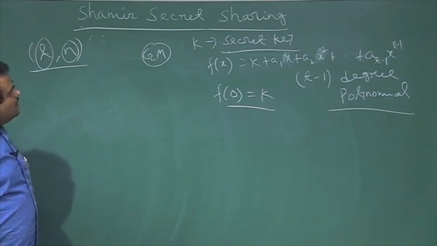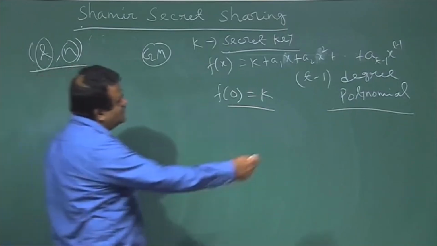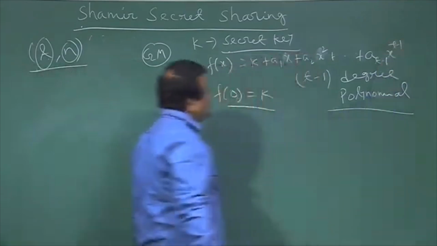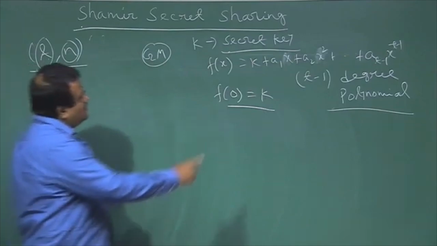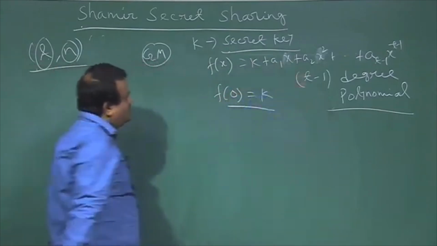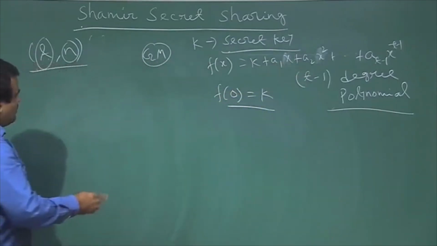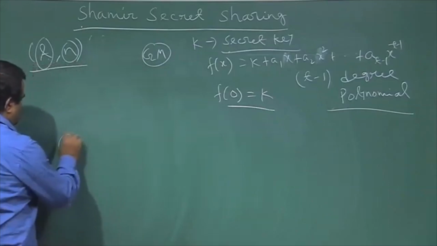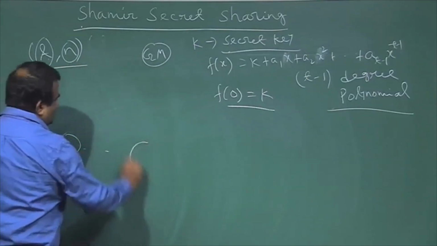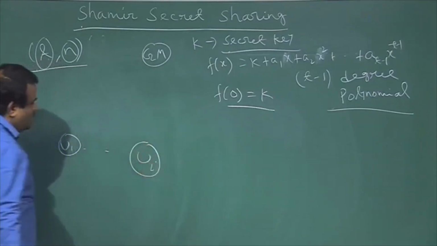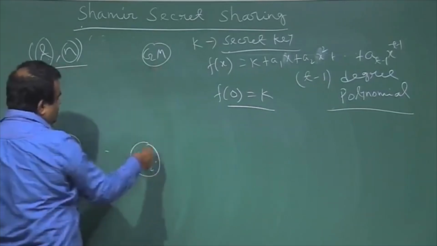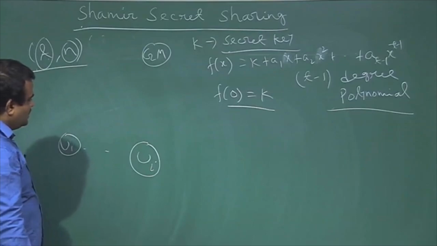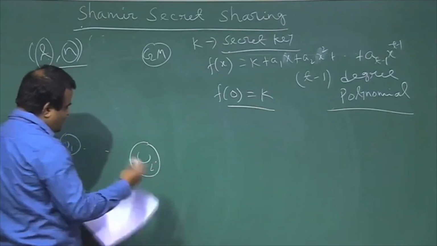Okay, so how can we do that? This is a t minus 1 degree polynomial, so how many constants are there? There are basically t constants. Now suppose these are the users u1, ..., ui. The group manager will give some secret, the share of ui.